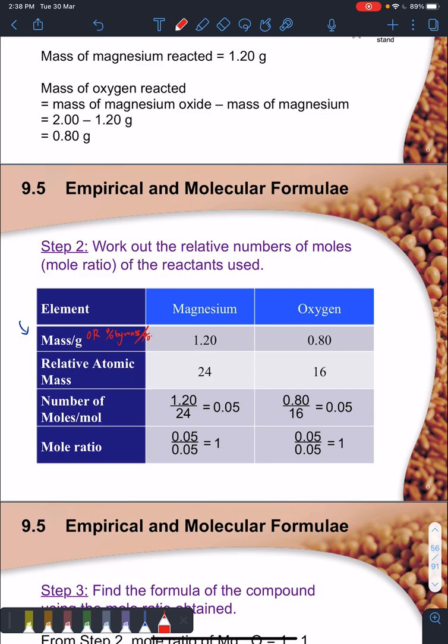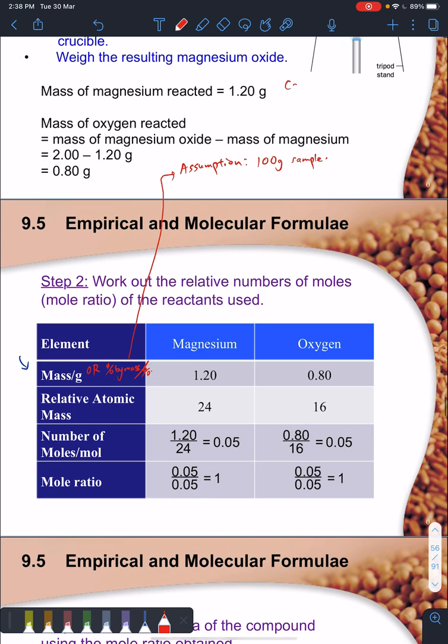So I do need to give you a qualifier. Whenever it is percentage by mass and I just put it down, there is an assumption here. The assumption is we are dealing with a 100-gram sample. Let's say we have an example here, CaCO3. CaCO3 has an Mr of 100.